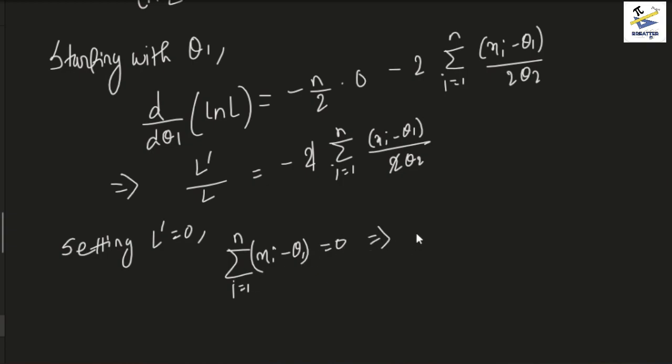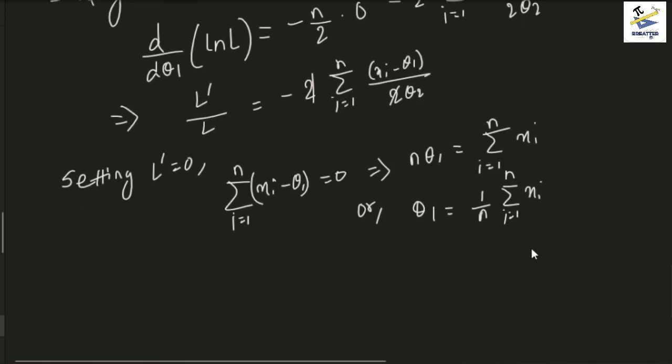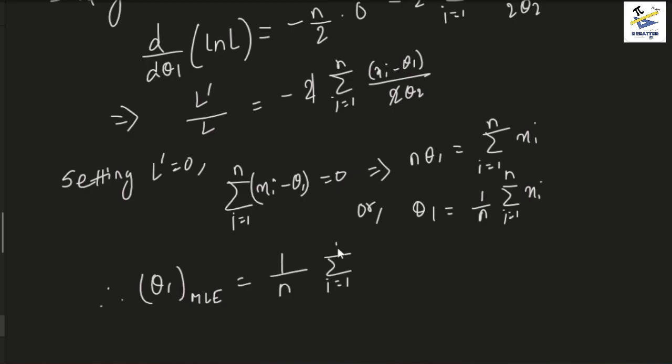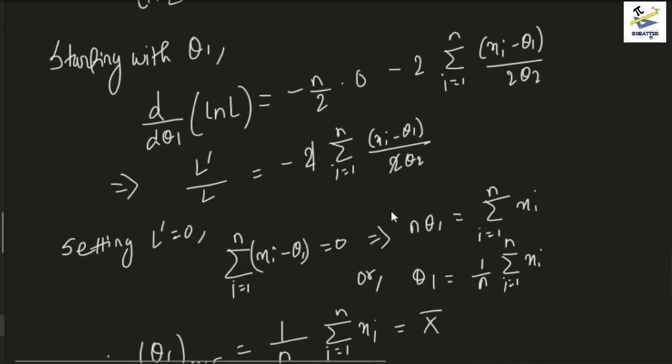This means that n theta 1 is equal to the sum of xi, or theta 1 is just 1 by n times the sum from i equals 1 to n of xi. Therefore the MLE has been found, and it is 1 by n summation of xi, which is just the sample mean. Now let us do the same method for part 2.